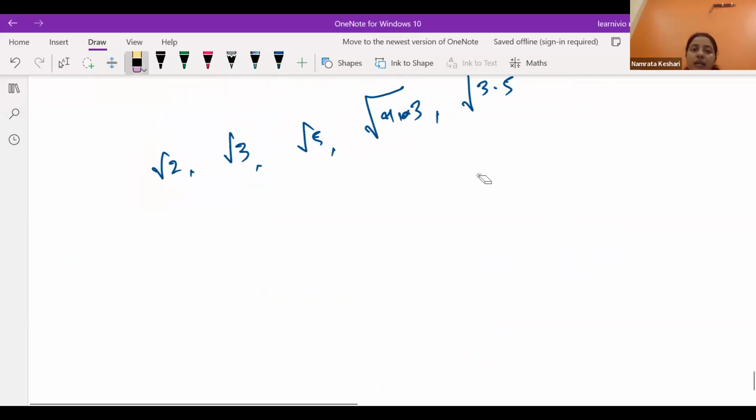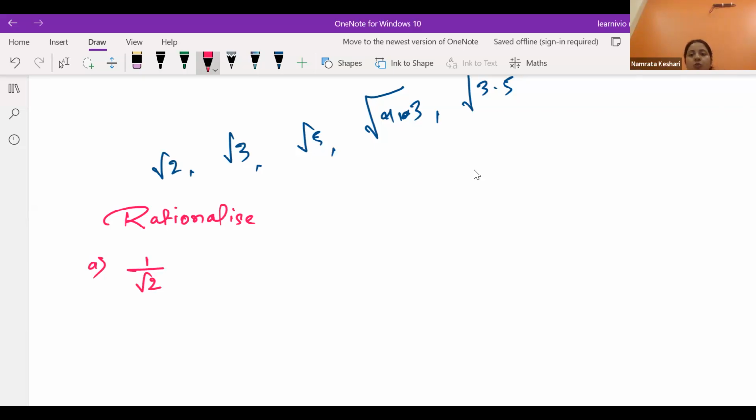Rationalization means, suppose you have 1 by root 2 and the statement says that you need to do the rationalization. Rationalization means removing roots from the denominator. Removing this root sign from the denominator, that's called rationalization.